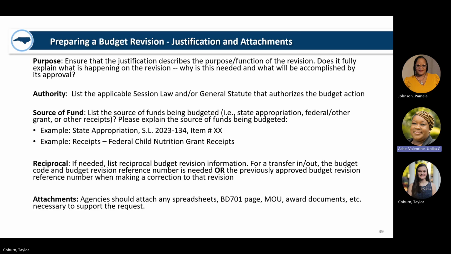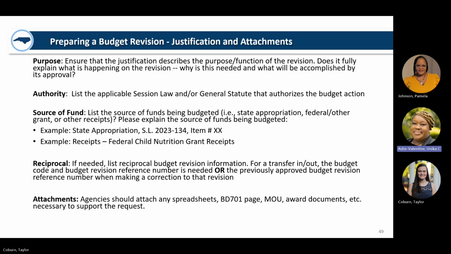The source of funds: list and explain the source of funds that is being budgeted. For example, if it's receipts, list the type of receipt, such as federal grant child nutrition receipts. If it's a state appropriation, list the session law and the item that appropriated these funds that's being budgeted.